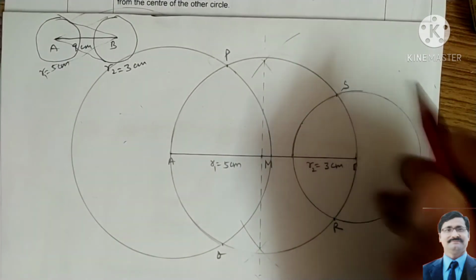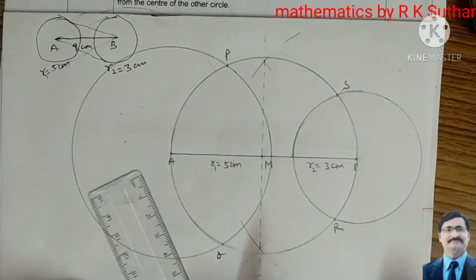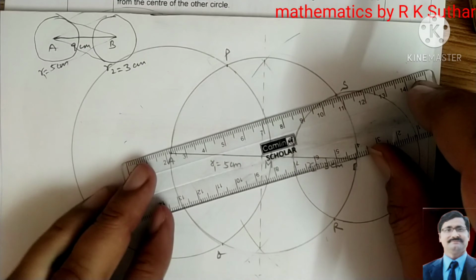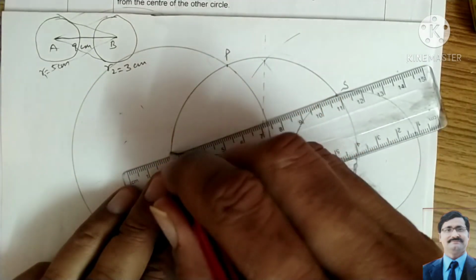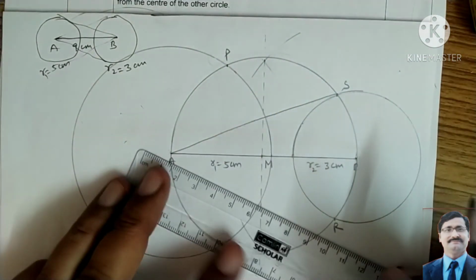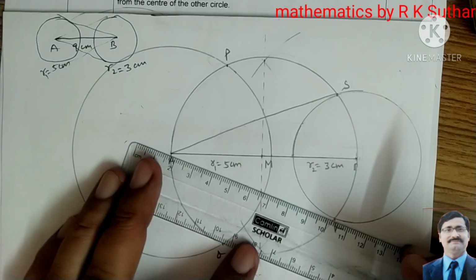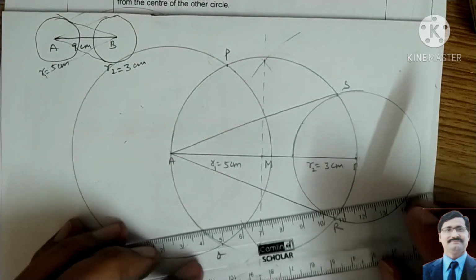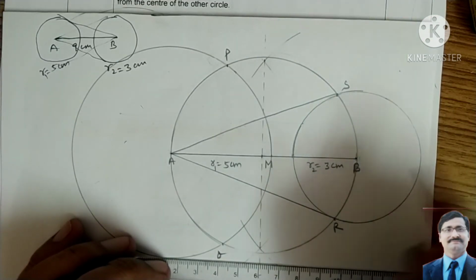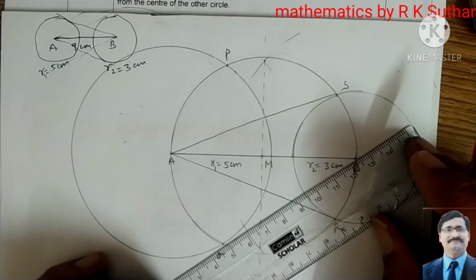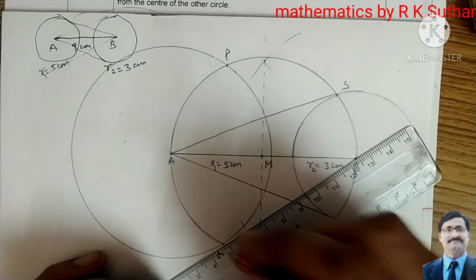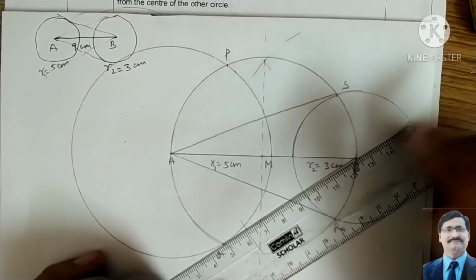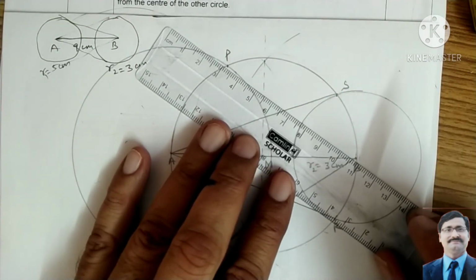Okay, and look here, from A we join AS, and AR, and from B, this point is B, from B we join BQ, and PB we will join.